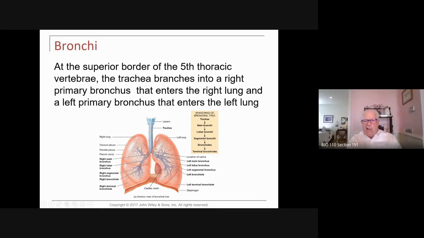The left lung only has 2 lobes. It has a left upper lobe and a left lower lobe. So the lungs are not equal. They're equal in size, but not in lobes. The right has 3, the left has 2.